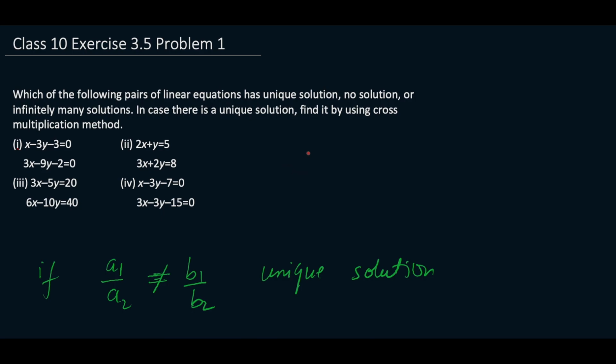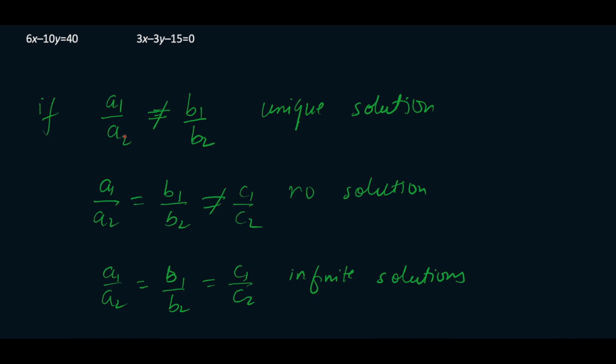First we will see the condition for unique solution, no solution or infinitely many solutions. Let our equations be a1x plus b1y plus c1 equals to 0 and a2x plus b2y plus c2 equals to 0.